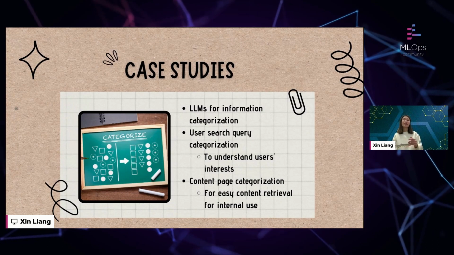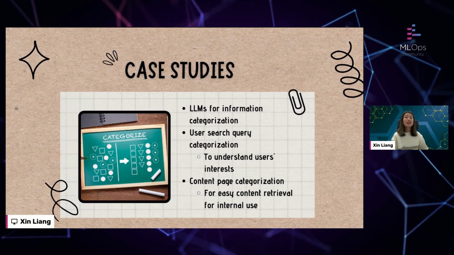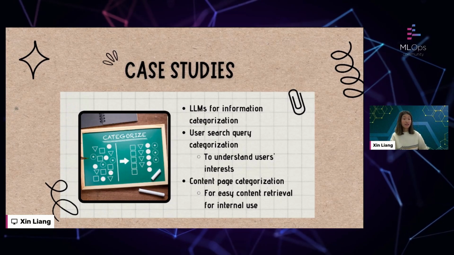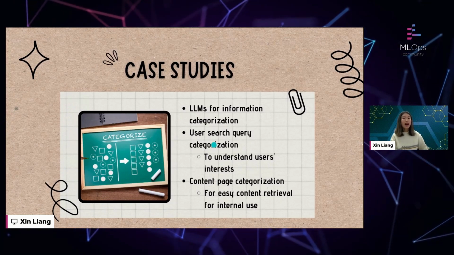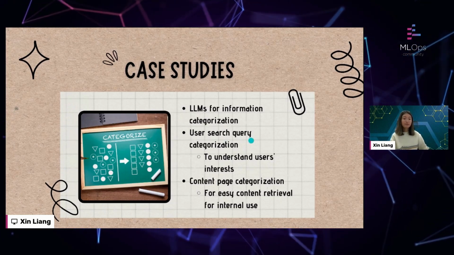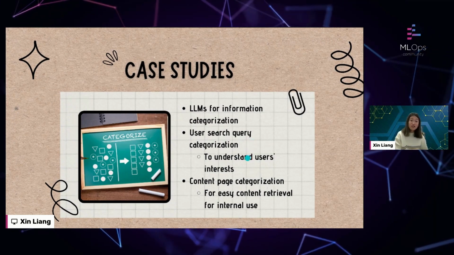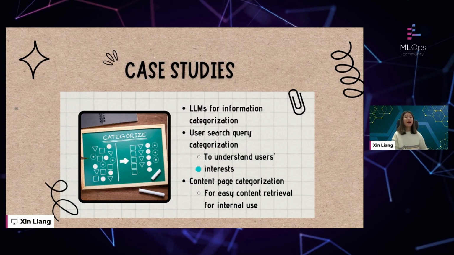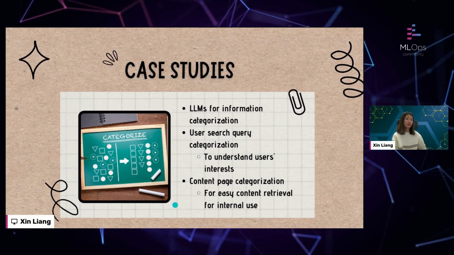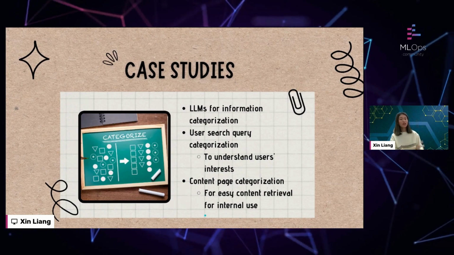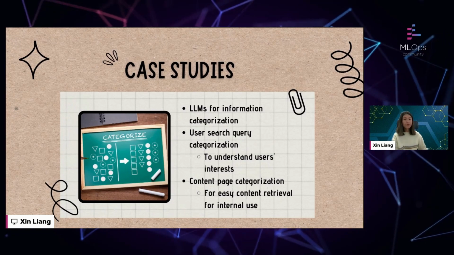This categorization can be applied to various areas within Canva content and information, including our user search queries, to categorize them and understand users' interests in our content. And another area is our content pages for easy internal retrieval.